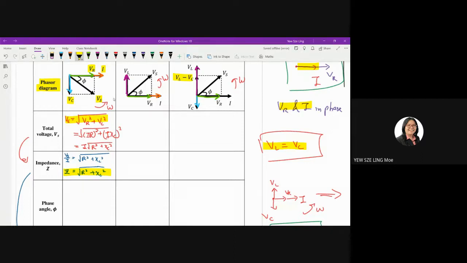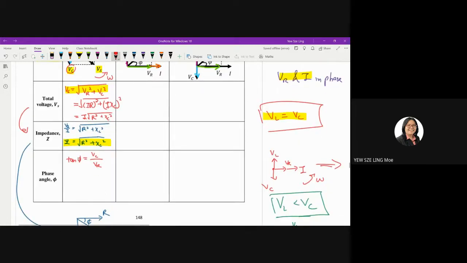Once you have the values of VR, Vs, and VC, you can determine the phase angle easily based on the diagram. For this table, I'm going to derive it based on R and C, because that is our original information in the phasor diagram. So tangent phi is equal to VC over VR.